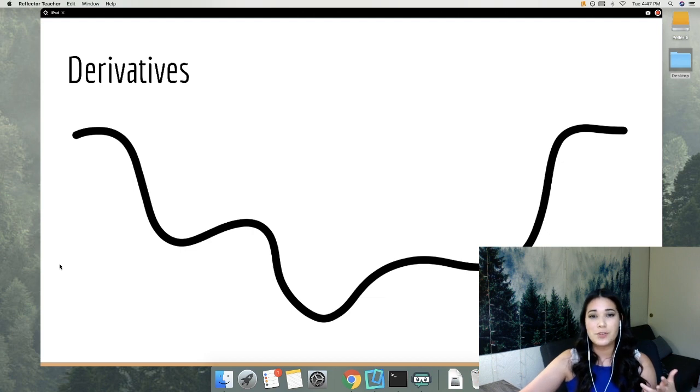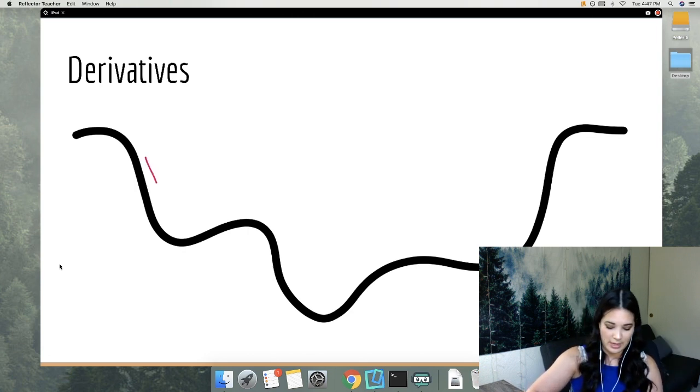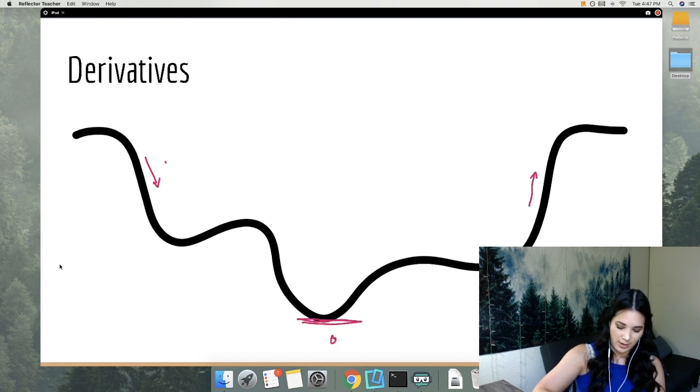So if you imagine a function that looks like this weird wavy line that I have on my screen, the derivative is going to be negative when the function is going down, so somewhere like here. It's going to be positive in places where the function is moving up, like here. And maybe most importantly, it's going to be 0 at places where the function is flat. So here, I'll put that here, negative, positive.